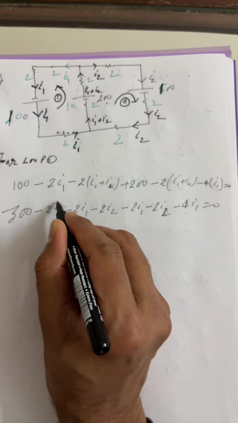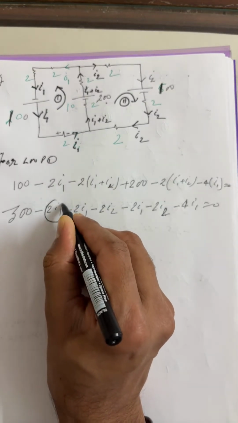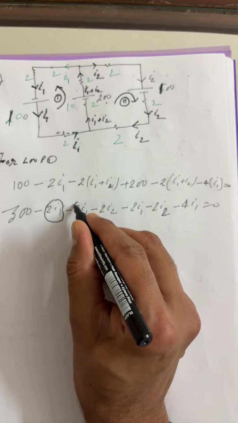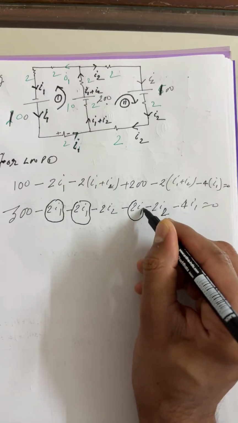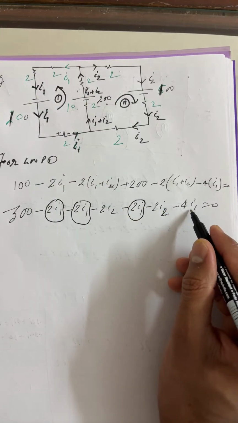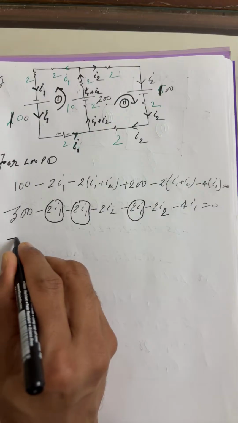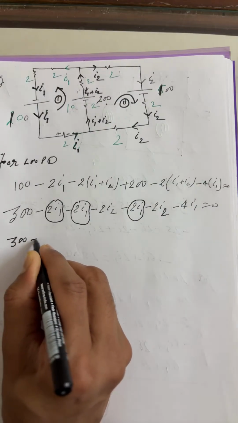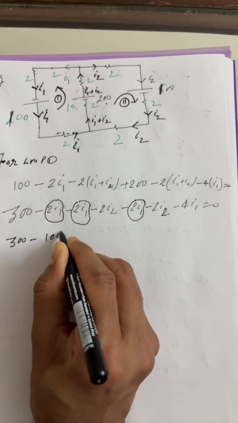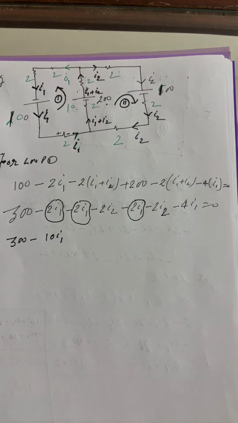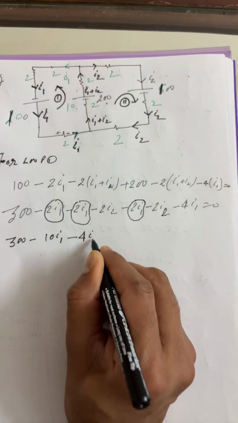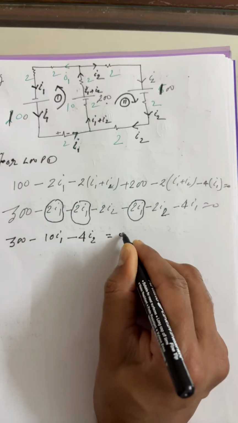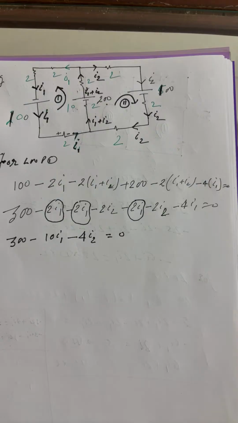Now you can see here this is 2 I1, with that 2 I1, 4 I1 plus 2 I1, 6 I1 plus 4, with that 10 I1. So this is 300 minus 10 I1, right? Minus 4 I2, which is equal to 0.